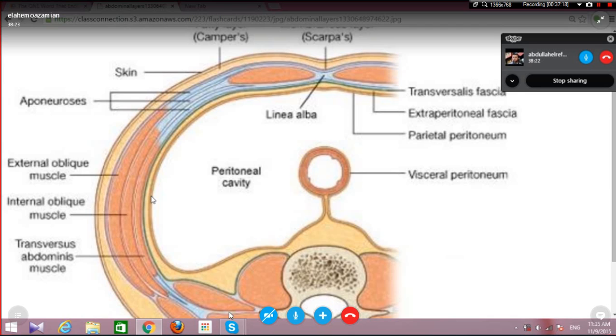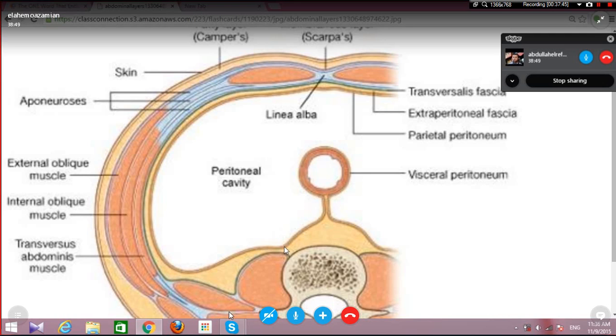Do you remember we said we have three serous membranes: pleura, pericardium and peritoneum. And all of these have a parietal and visceral layer, right? Peritoneum has a parietal layer which covers everywhere in the abdominal cavity, and a visceral layer, which goes around organs.